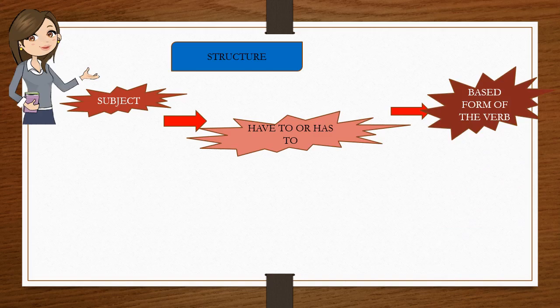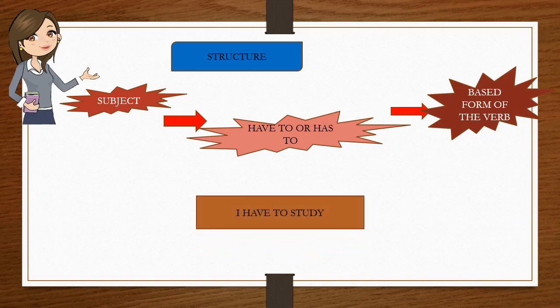Let's see this example. I have to study. This sentence is trying to say that study is an obligation that I, as the person that makes the action, have to do. That's why it says I have to study. It is something mandatory to do.